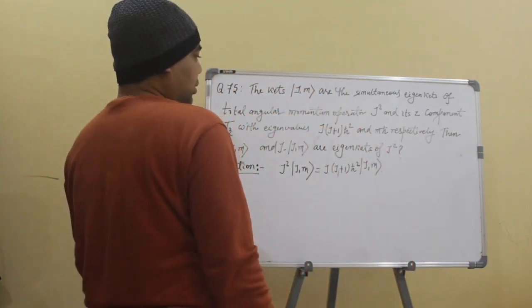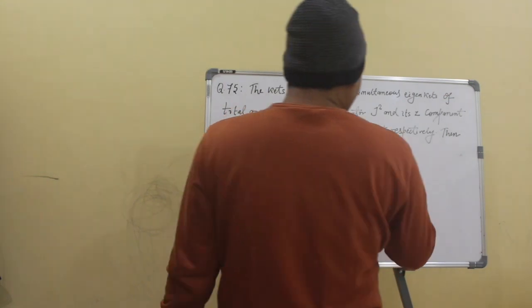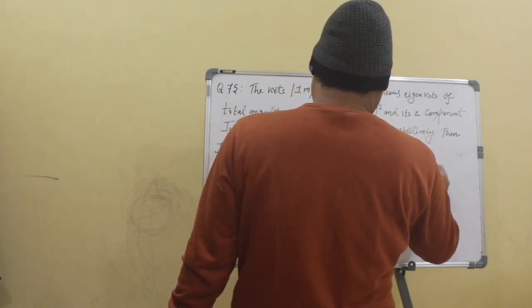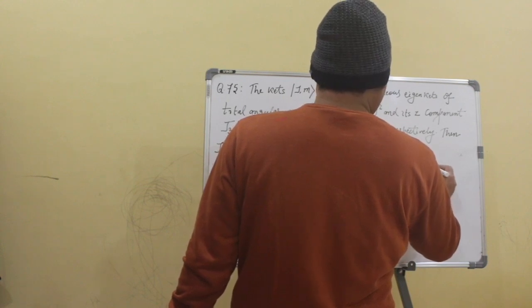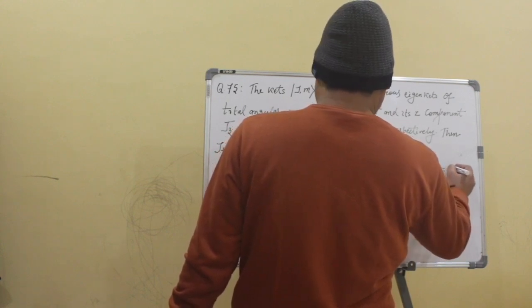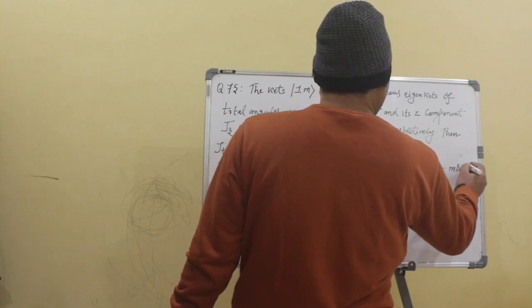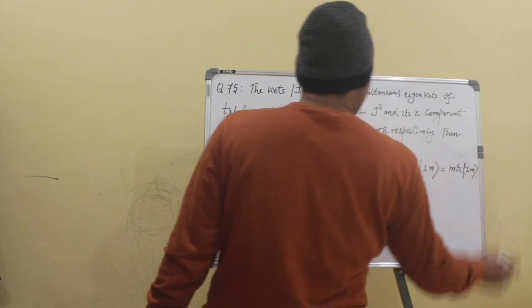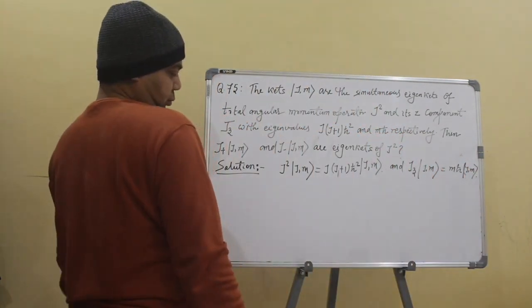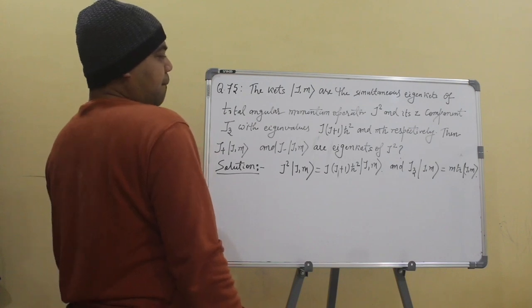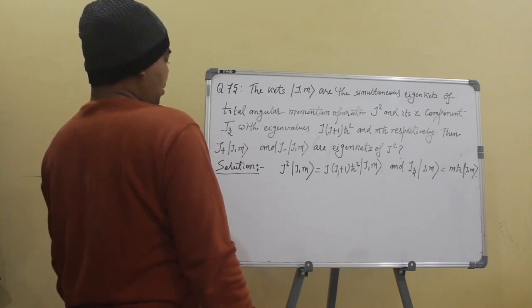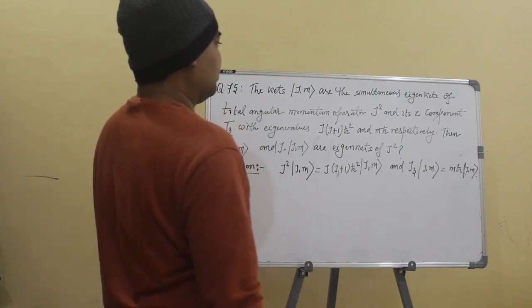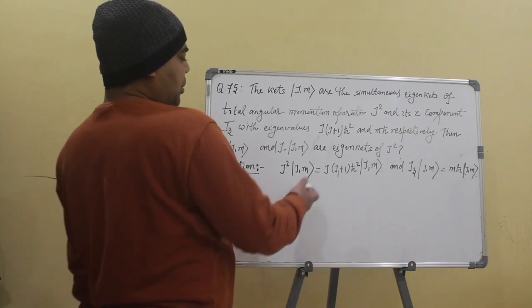And then Jz. Now they are simultaneous eigenkets.